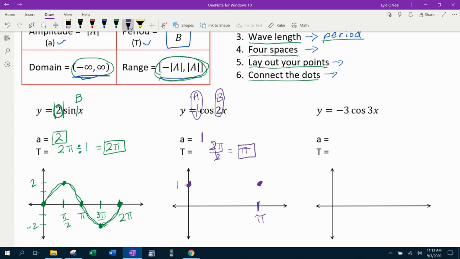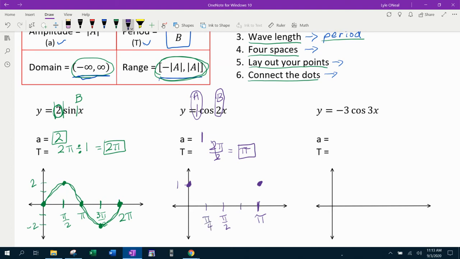Okay, step number 4, I need 4 spaces. So I'm going to cut this in half. Half of pi is, well, half of pi, pi over 2. And then if I cut that in half again, what is half of a half? Well, that's a fourth.